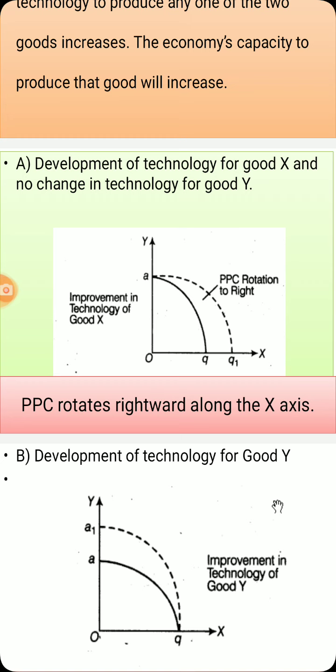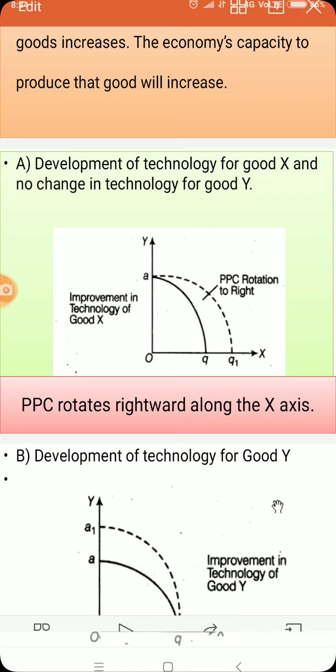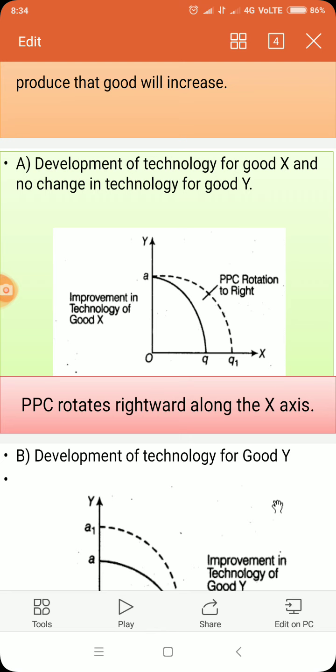The production possibility curve would now rotate, not shift. Earlier it was from A to AQ, you can see in the figure. Afterwards it shifts from A to AQ1. That means only change in production of good X, so it rotates rightward along the x-axis.